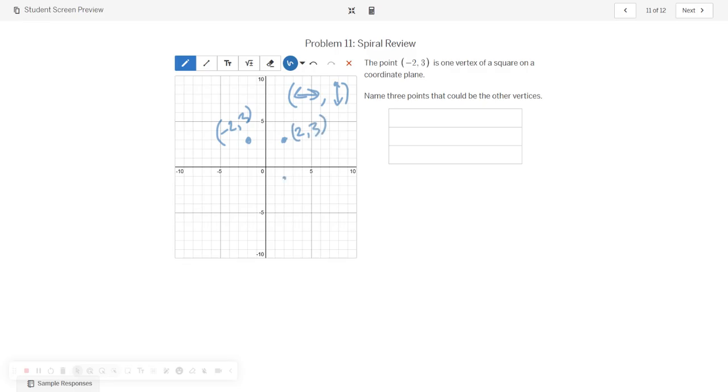Then I would need to go down here. That would be 2, -1. And over here would be -2, -1. That would make a square. And lastly, -2, -1.